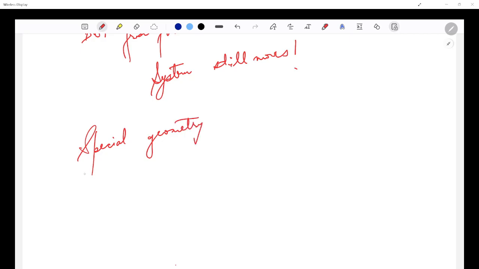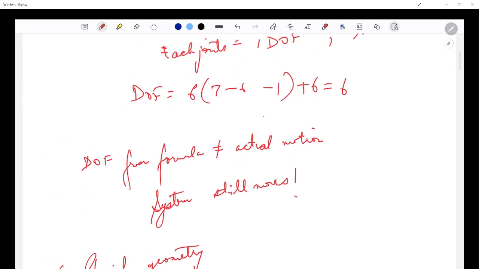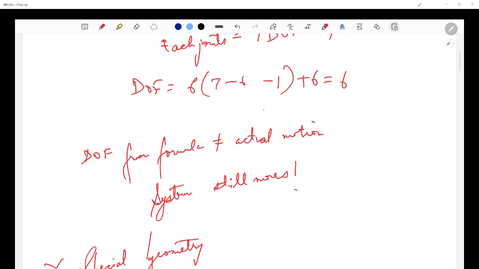Okay, redundant constraints, passive degrees of freedom. Okay, and what are these called? These are called over constrained mechanisms.